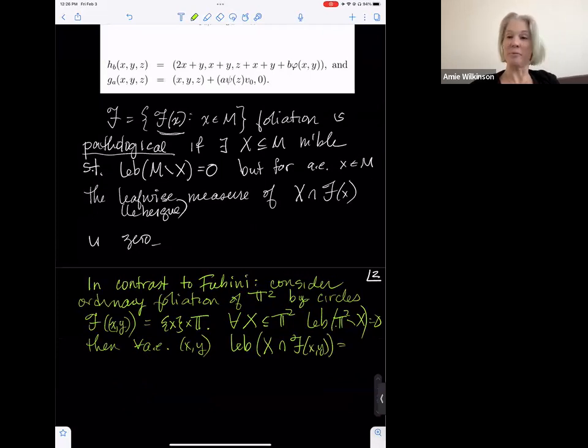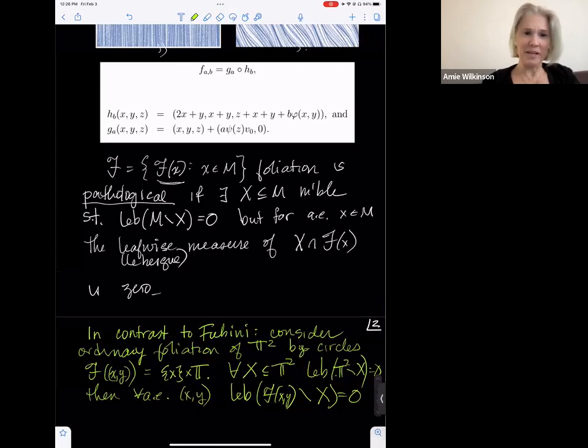Because the complement has measure 0, it has full measure in the leaf F of (x, y), so the complement F of (x, y) minus X has measure 0. Okay, so that's Fubini's theorem. That's a consequence of Fubini's theorem.